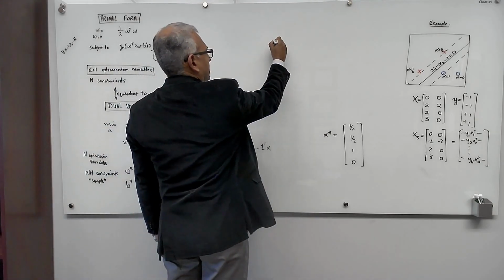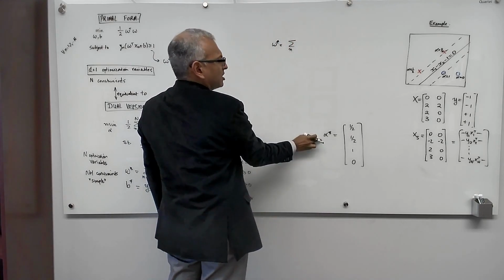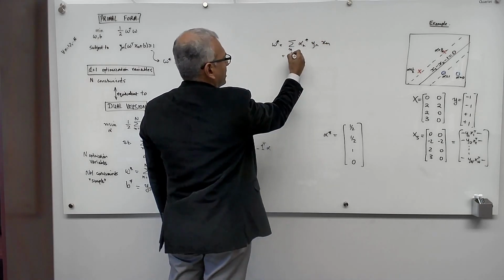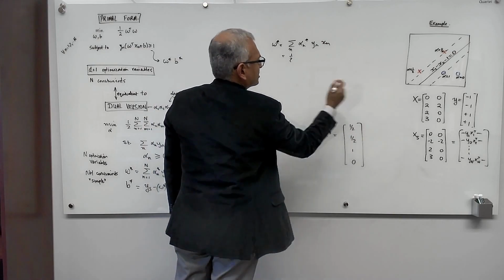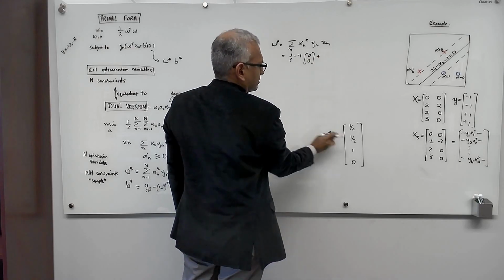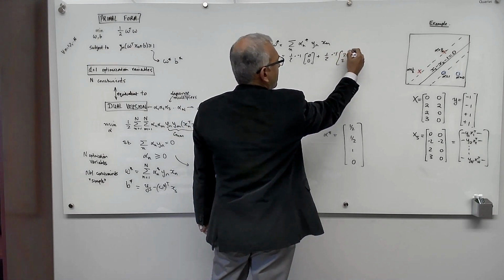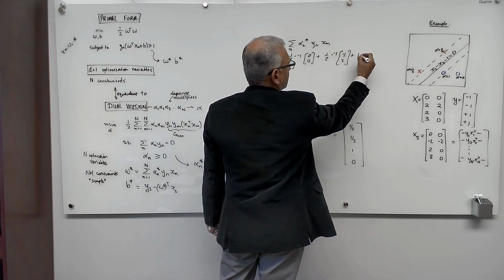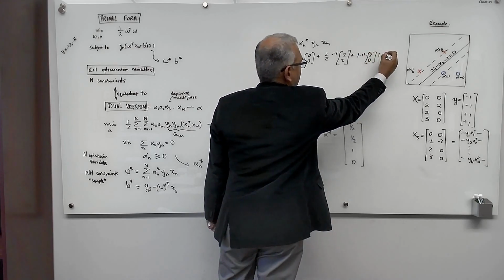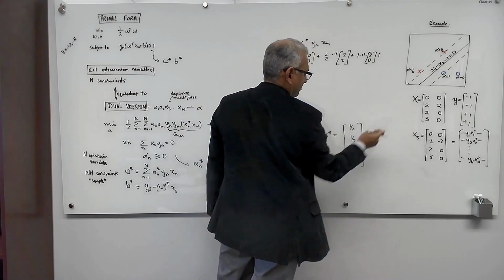So this implies that our weights, W star, is the sum over my Lagrange multipliers, alpha_n star, y_n, x_n. That is 1/2 times -1 times (0, 0), plus 1/2 times -1 times (2, 2), plus 1 times +1 times (2, 0), plus 0 times +1 times (3, 0), but 0 just gives me 0.